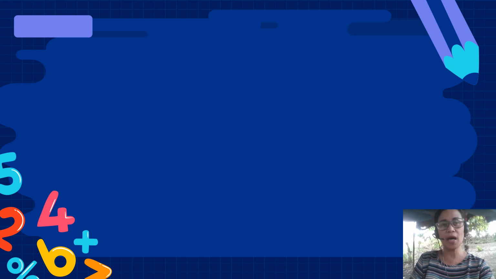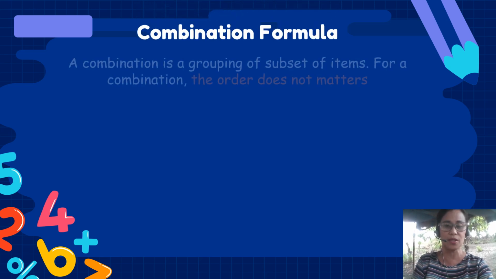Since you know already how to differentiate a combination from a permutation, we will now move on to how to solve combination problems as well. So let's familiarize first with the formula of combination.